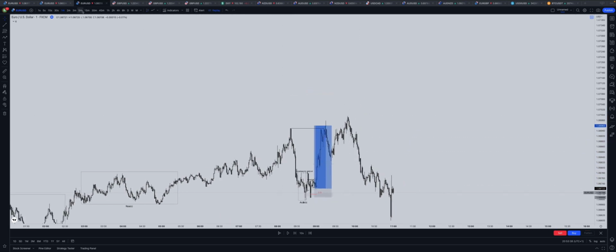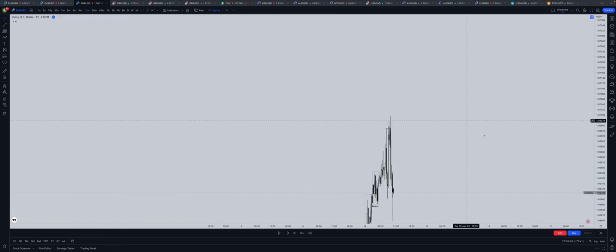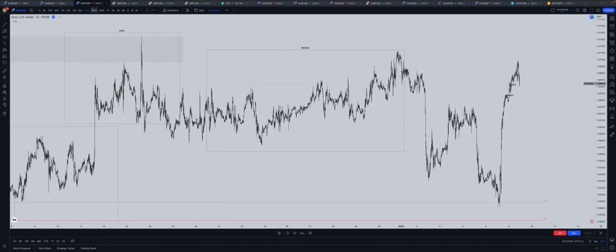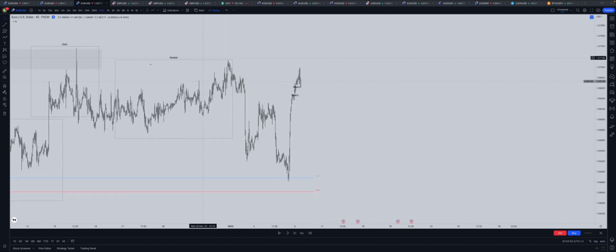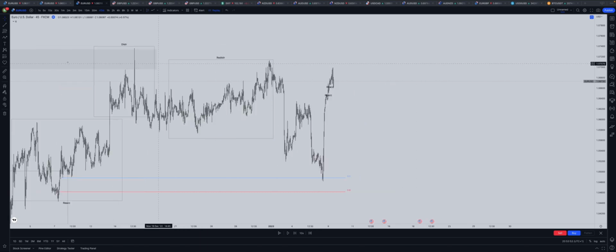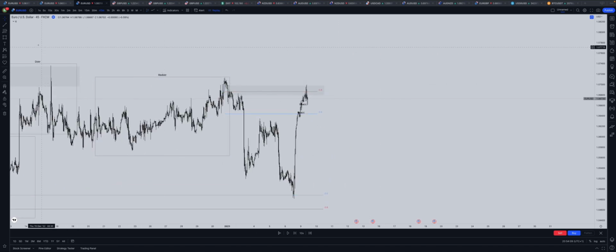So that was great, but there was also a higher time frame aspect that was really important. And that was the fact that we came in a higher time frame redistribution. So in a higher time frame redistribution, there is a big chance of sellers coming into the market, and the 18 and 50% are great zones for sellers to come into the market and start selling off.